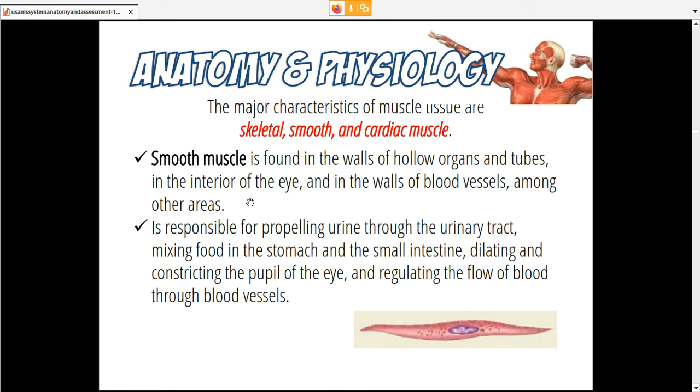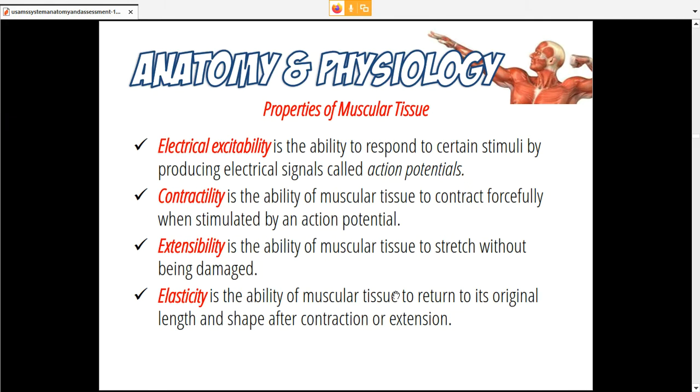So in those areas you can identify the smooth muscle, which is responsible for propelling the urine through the urinary tract, mixing of the food in the stomach and the small intestine, dilating and constricting the pupil of the eye, and regulating the flow of blood through the blood vessels. These are the three types of muscles in the body: skeletal, smooth, and the cardiac muscle.